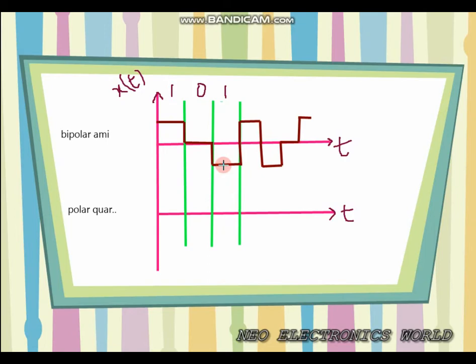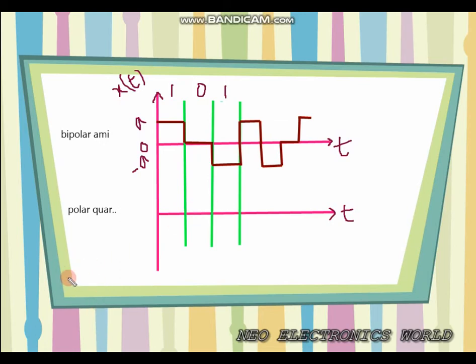Okay, what about polar quaternary? For polar quaternary, we will use 2 bits, and 2 bits means 4 levels will be there. Here we have seen A and minus A, and 0. 3 levels were there, but mainly 2 levels we were using.